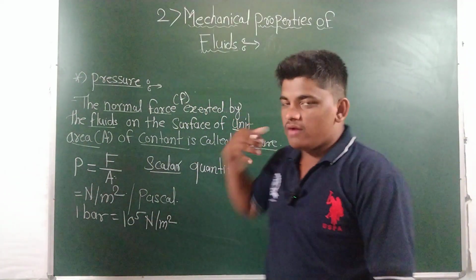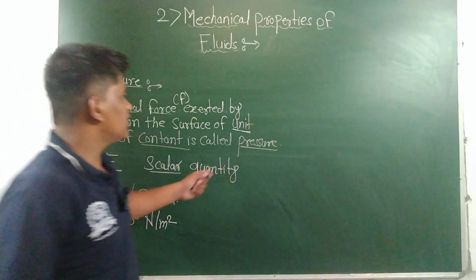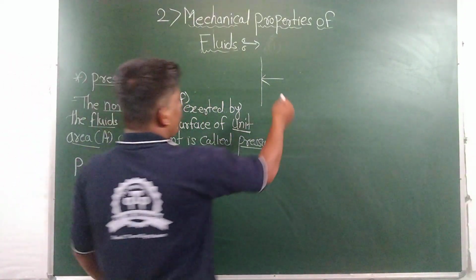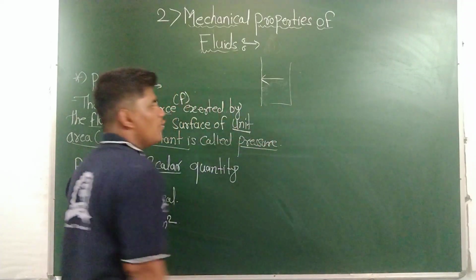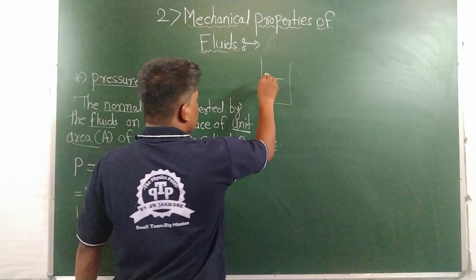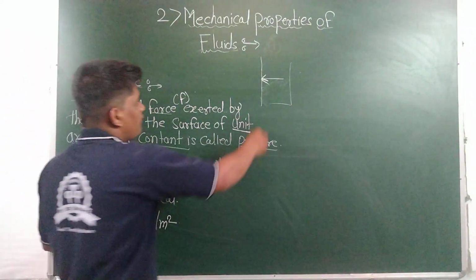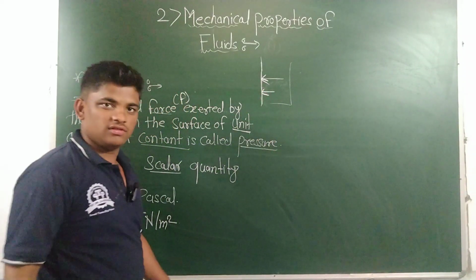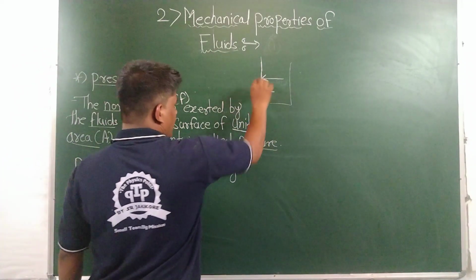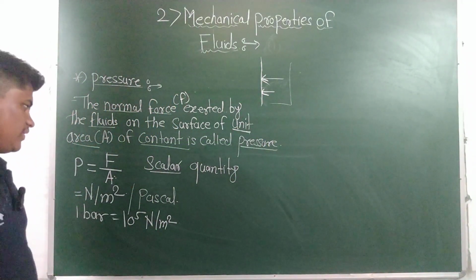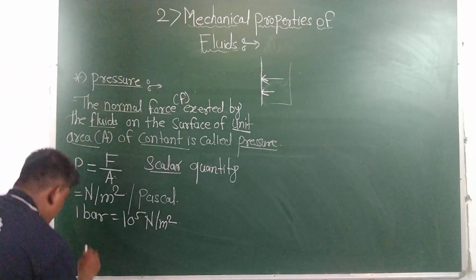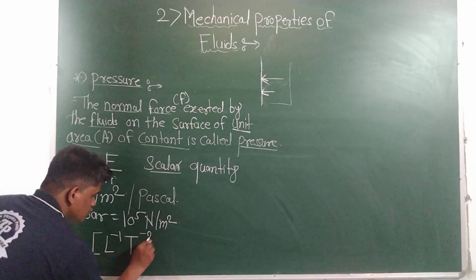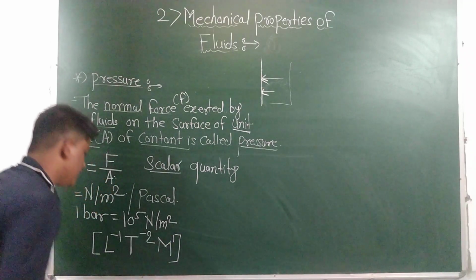The normal force that the fluid exerts normally on a surface: consider a surface, with a perpendicular force exerted on it. Normal means perpendicular force. Here the fluid is filled in one of the vessels, and the normal force is exerted on the surface of the container. The force exerted per unit area is called the pressure of that fluid on that surface. Then the dimensions of pressure are L raised to -1, T raised to -2, M raised to 1.